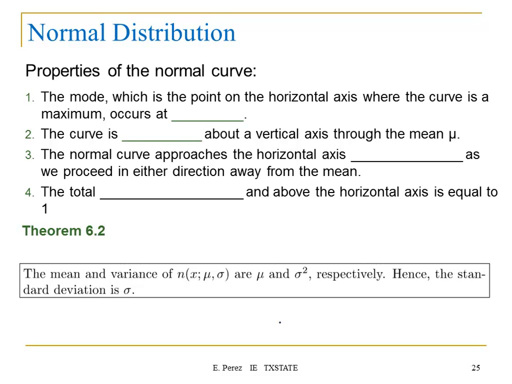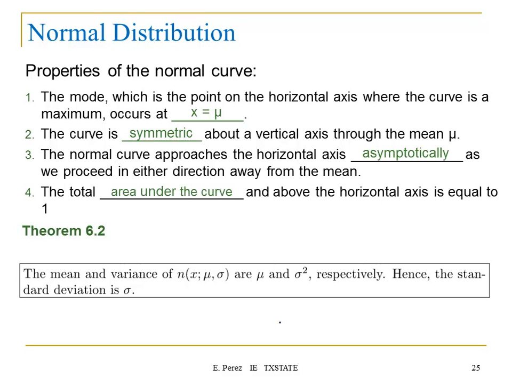The mode is the point on the horizontal axis where the curve is maximum, and it occurs when x equals mu, which is the mean. The curve is symmetric about the vertical axis through the mean. The normal curve approaches the horizontal axis asymptotically as we proceed in either direction away from the mean.